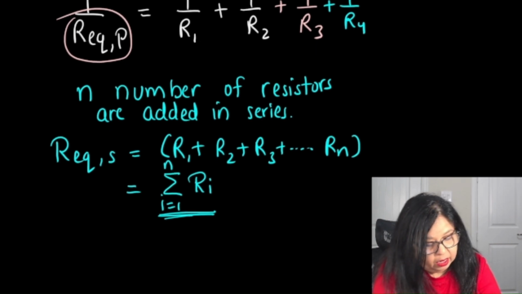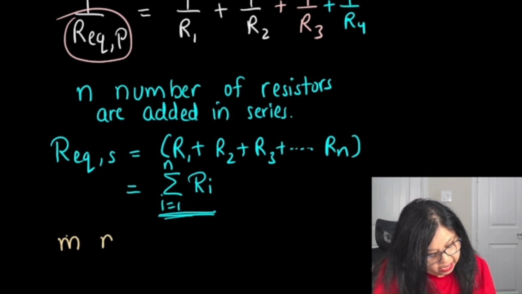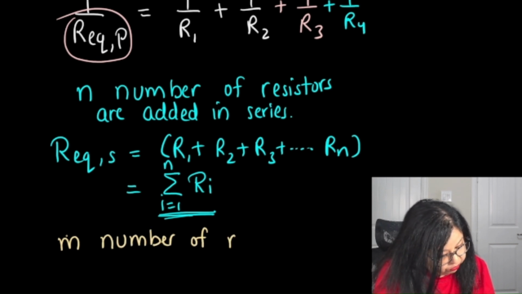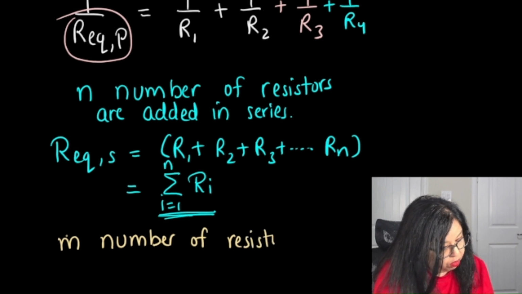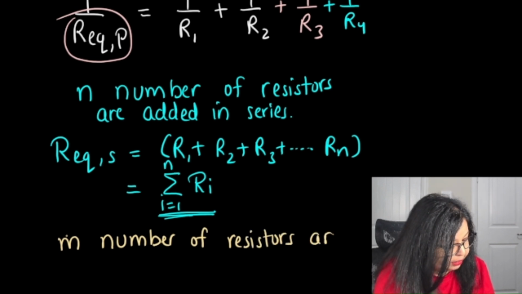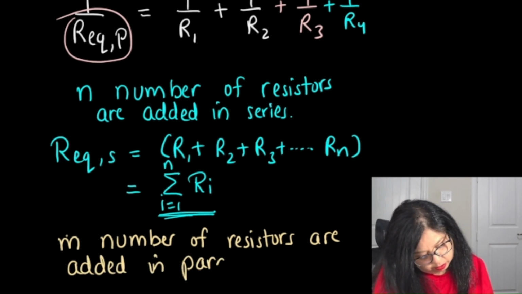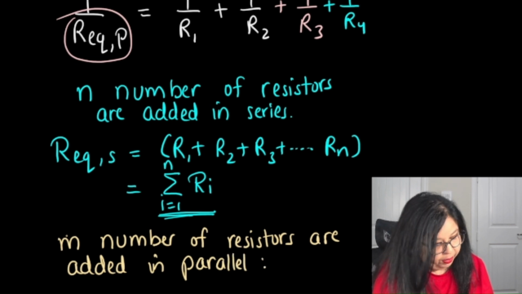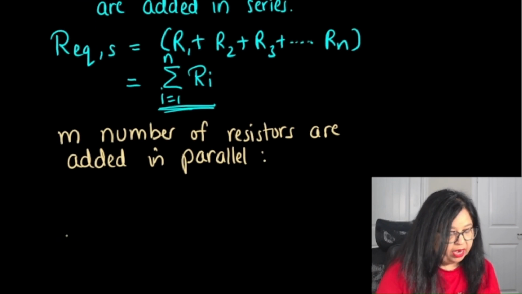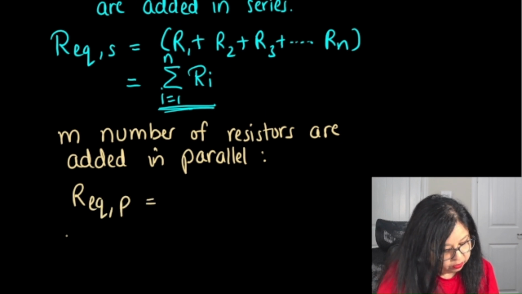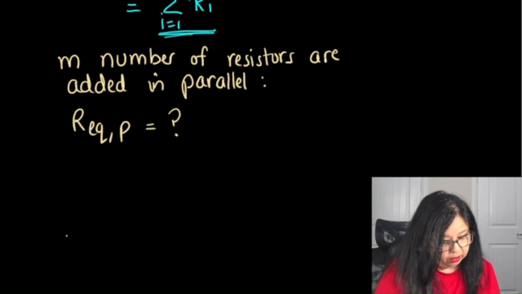Okay. Now, what if you had, let's call it m now, m number of resistors added in parallel. How do you find R equivalent for this? Alright.